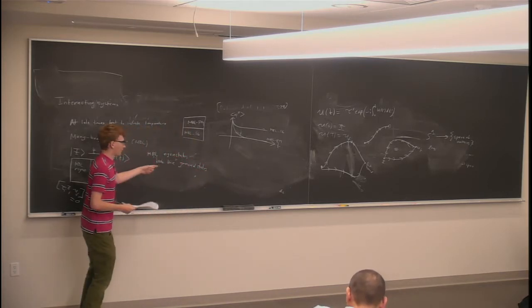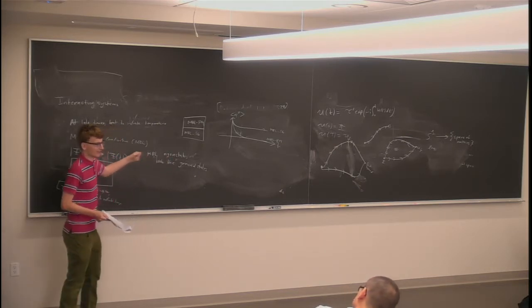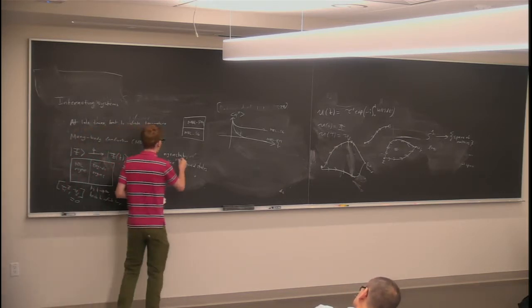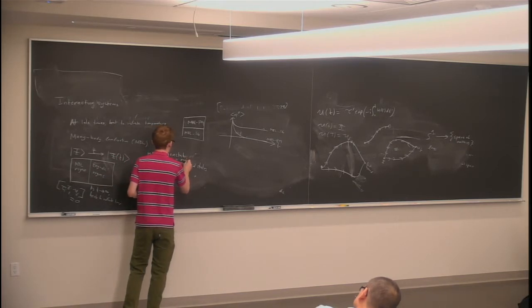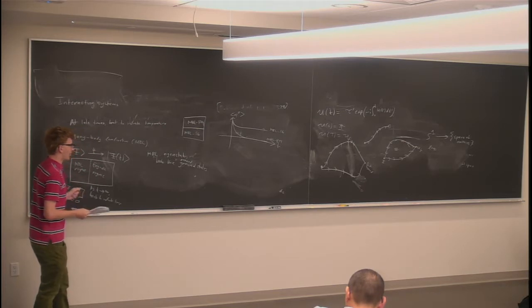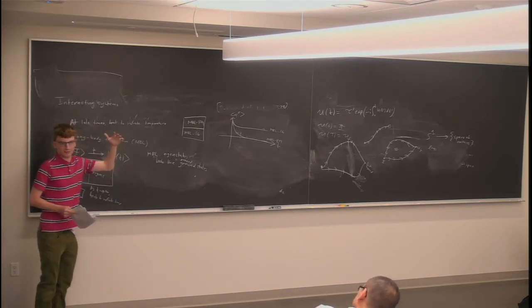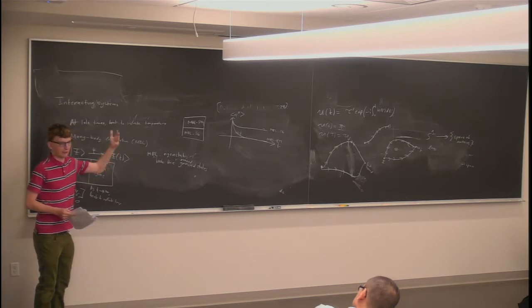What do I mean by look like ground states? I mean that I can define a fictitious Hamiltonian such that these eigenstates are the gapped ground states of that Hamiltonian, and it's going to be a local Hamiltonian.